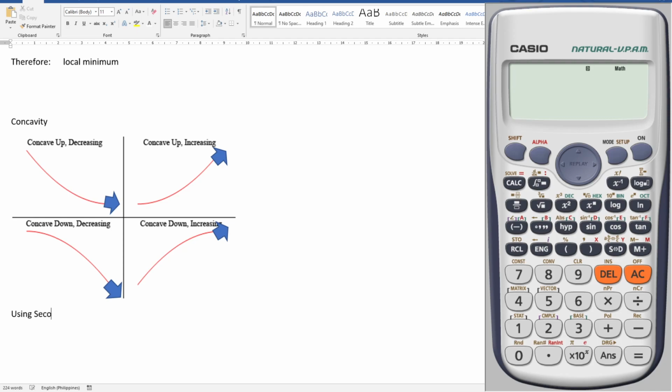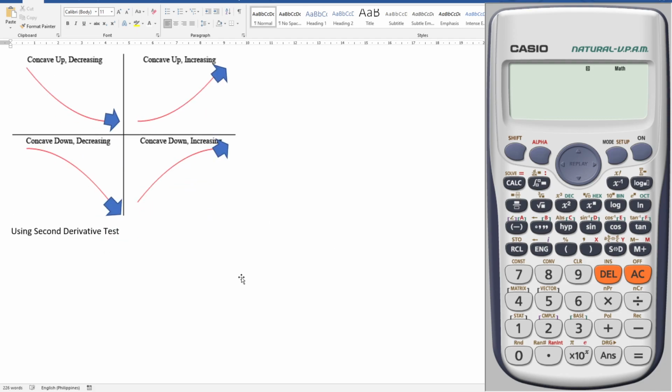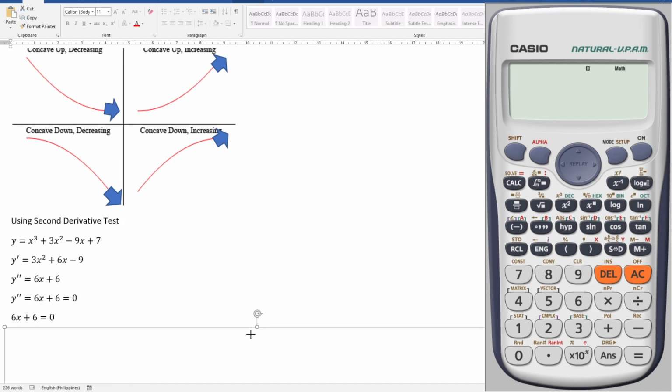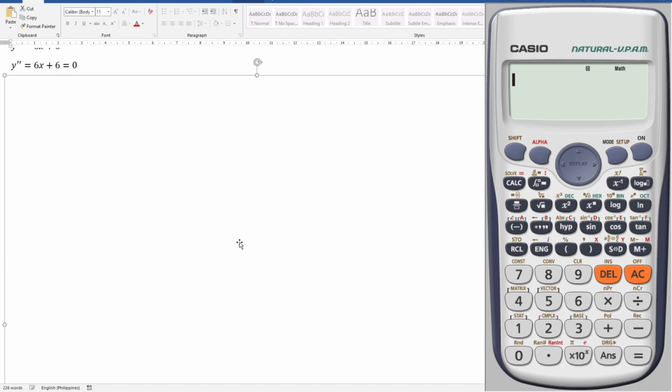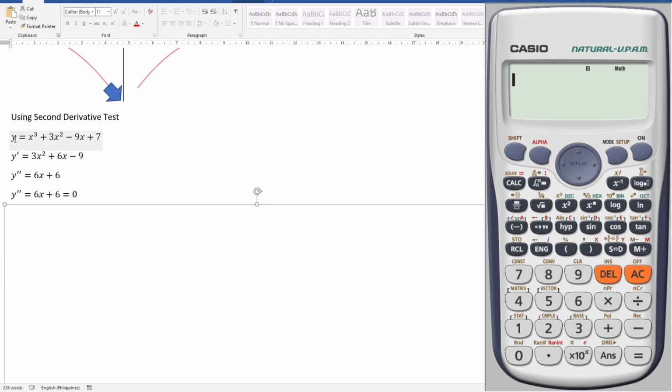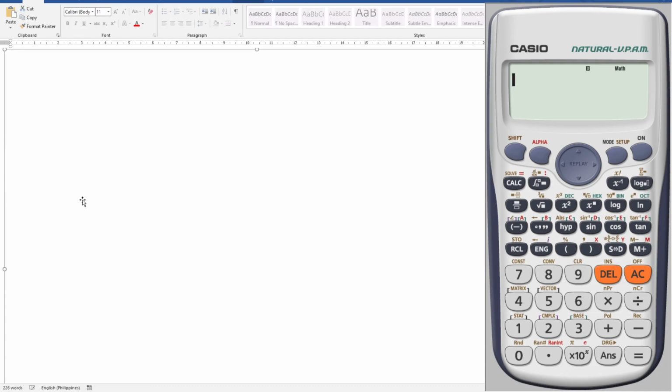We will be using the second derivative test. Since we are using the second derivative test, we take the second derivative. Again, we use the same example. Once we get the y double prime, or the second derivative, we equate it to 0 and solve for the value of x.